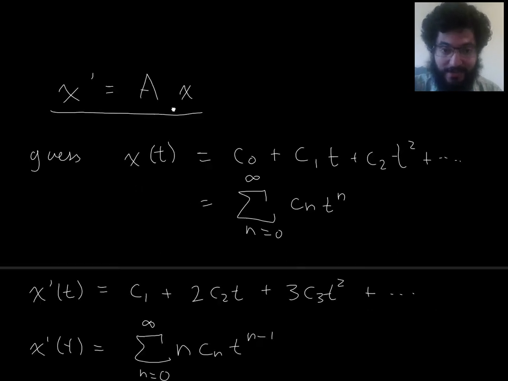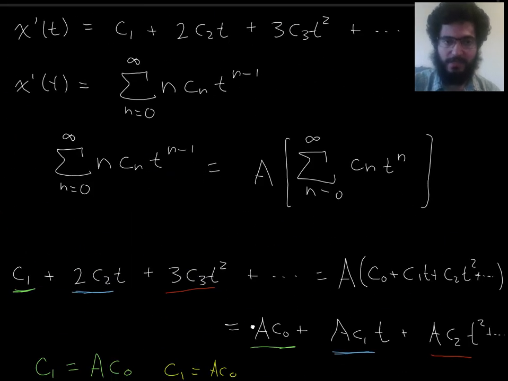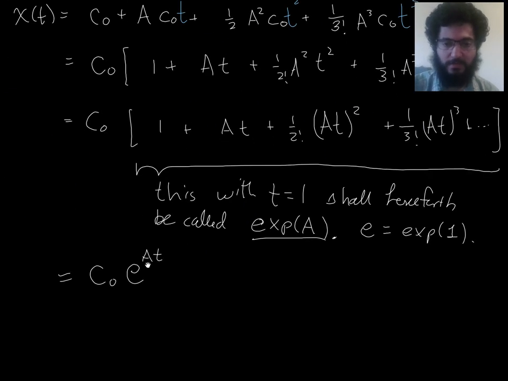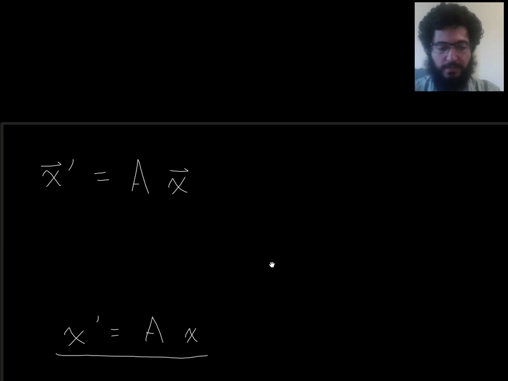And you can do it, and you do end up with this as your solution, except a is a matrix. So at is a matrix, and so e to the at is the exponential of a matrix. So if we just repeat this process, but for a matrix A, then we will have a very nice compact way to write down the solution to this kind of differential equation system. So let's think about that in the next video.